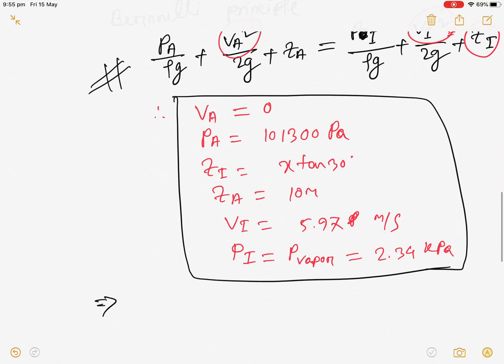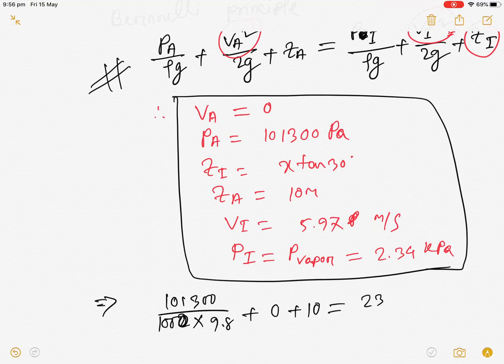So let's do that. The pressure at A is 101,300, over the density of water, 1000, times gravity, 9.8. The velocity term is 0, this height is 10, Pi is 2340, we just multiplied it, 2340 Pascal, over rho g, this is 1000 times 9.8.